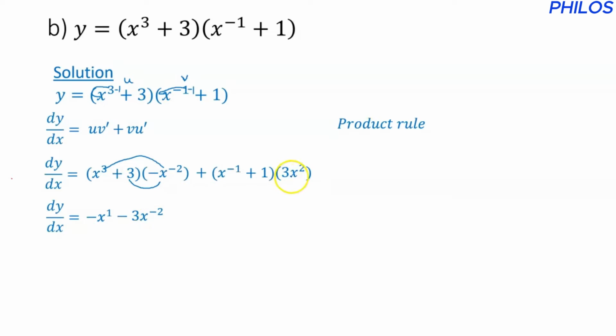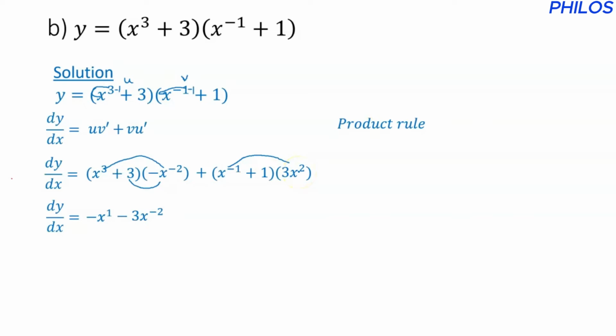We also take 3x exponent 2 and multiply it by what? X exponent negative 1. This 3 is a coefficient, right? And then the coefficient of x here also is 1. And 3 times 1 is 3. Then x exponent negative 1 times x exponent negative 2. You see they have the same base.